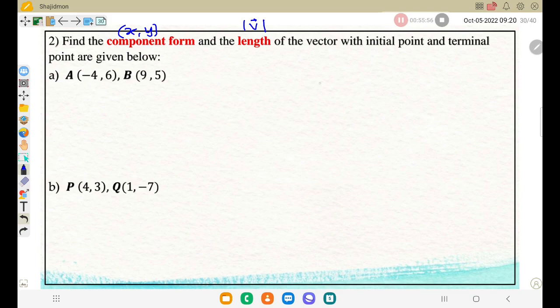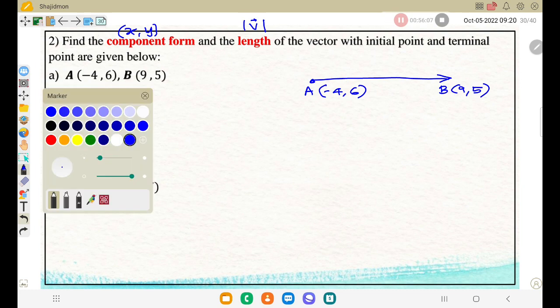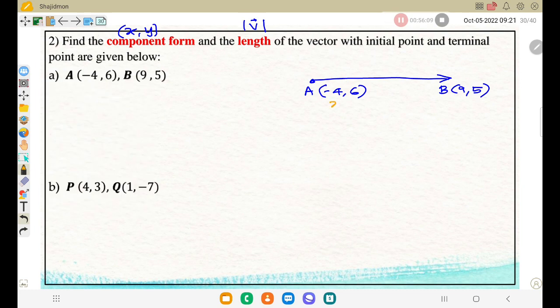Starting point A is minus 4, 6, and the vector's ending point B is 9 and 5. So x1, y1, x2, y2. What is the component form we studied? Vector AB equals x2 minus x1, y2 minus y1.